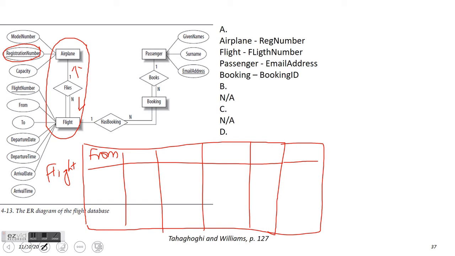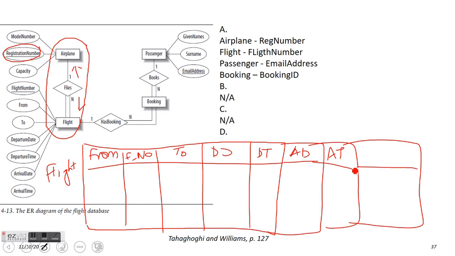So let's start creating the table and adding fields. I missed flight number. Flight number, depart date, depart time, arrival date, arrival time, and now registration number as a foreign key to this table.